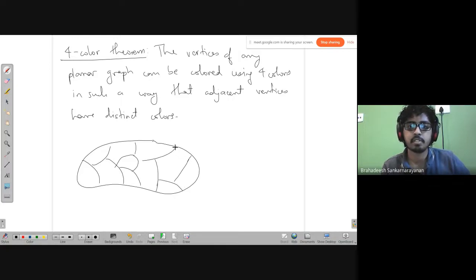Okay, so here's a bunch of countries. Each of them is a different one, and I want to give some colors to each of these. Now I want to translate this problem of coloring these regions into a problem about coloring the vertices of a graph. So here's what I'm going to do. For every region, that is to say for every country, I'm going to place a vertex.